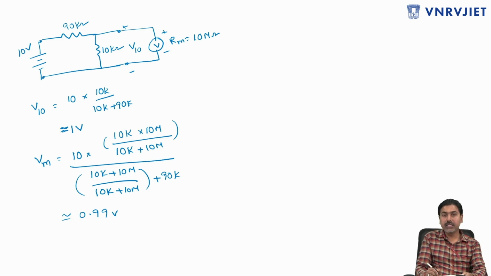See here, the meter reading is not exactly equal to the actual value. It is not equal to 1 volt. It is approximately equal to 1. So there is an error here, and we'll calculate the error.